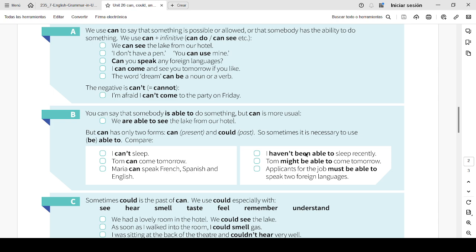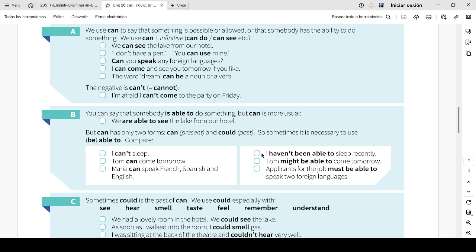In the next example, I haven't been able to sleep recently. We're talking about something that has been happening for a while, for a specific time, which is the present perfect.